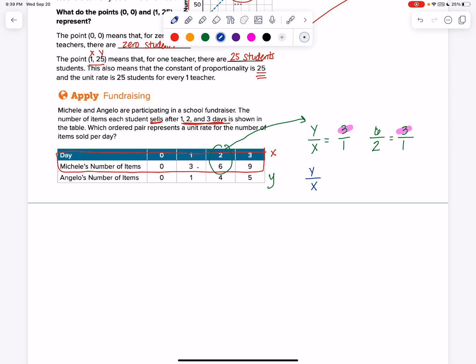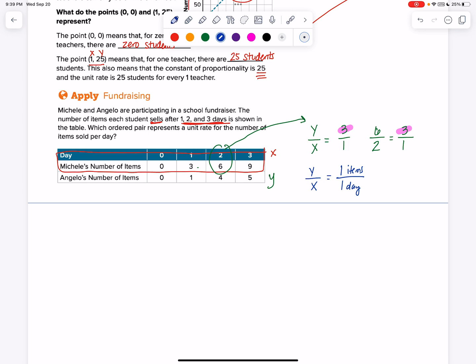You can't use the zeros to test anything. You have to use other things. So let's see. One item per one day. There's the unit rate. So it's a 1-to-1 ratio. So if you look, are the other ones 1-to-1 ratios also?